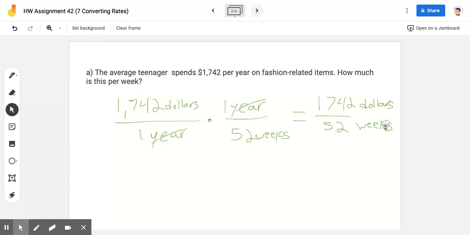And if I simplify, I can figure this out. So 1,742 divided by 52. So the teenager will spend $33.50 per week.